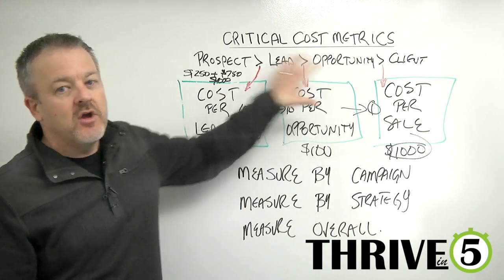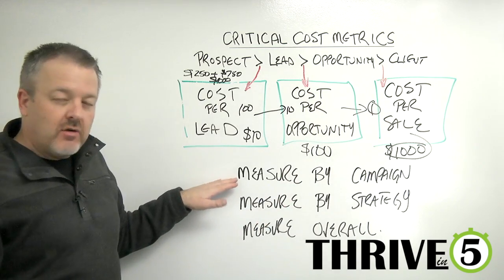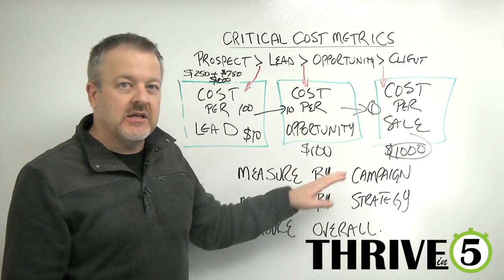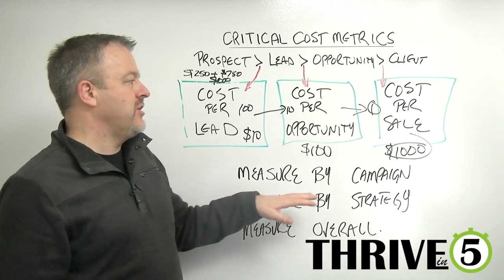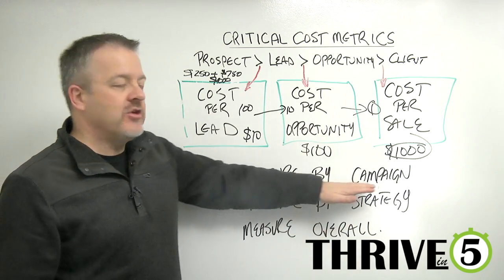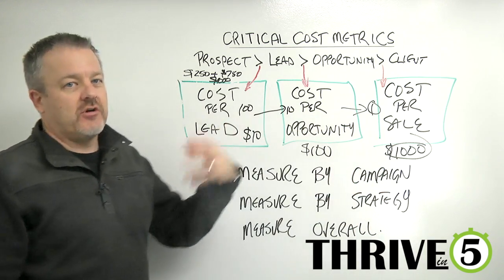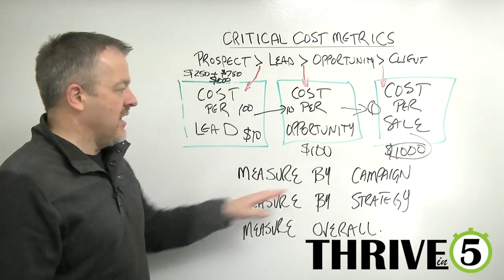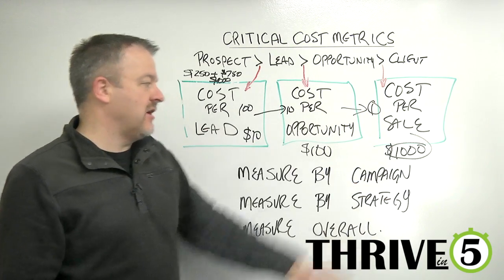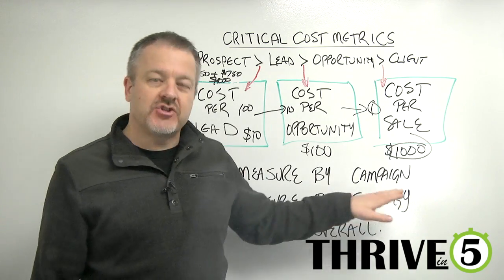So it's important when you look at these metrics and you start measuring them, that you start by measuring campaigns. In many cases, when people start trying to measure this stuff, they don't actually know the overall cost, but you can start by measuring a campaign, a specific thing you do. Does it return something back to you? Can you move someone through the process of acquisition? And by that, understand the cost per campaign. Then you can start to expand into measuring by strategy.